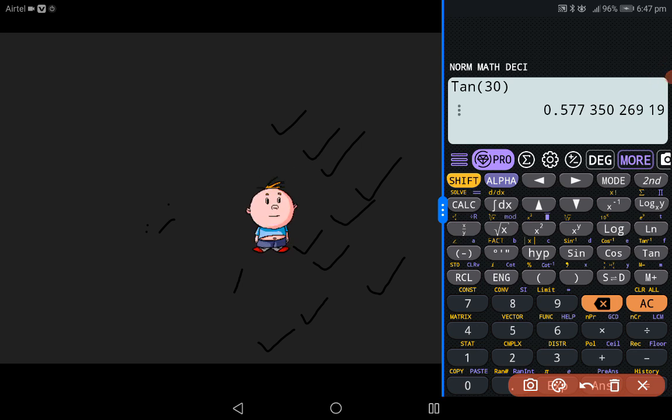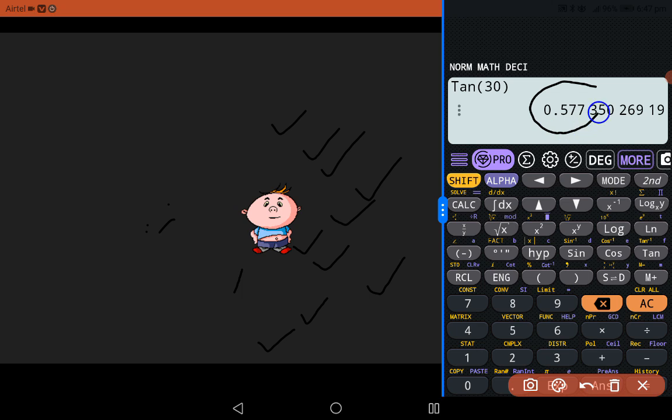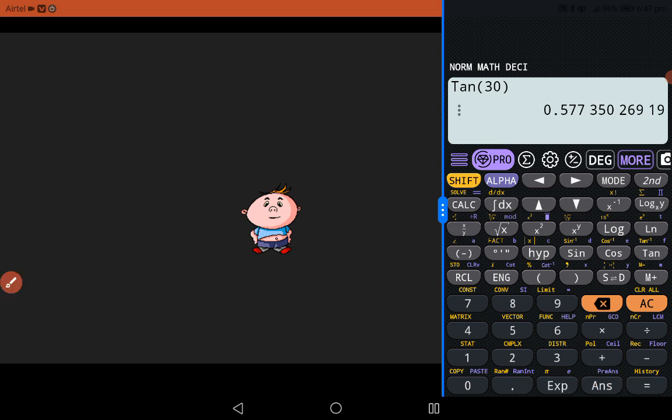Take note that this should be rounded to 0.6. If you look at 0.577 to 1 decimal place, it is 0.6. Great. I hope we are together there.